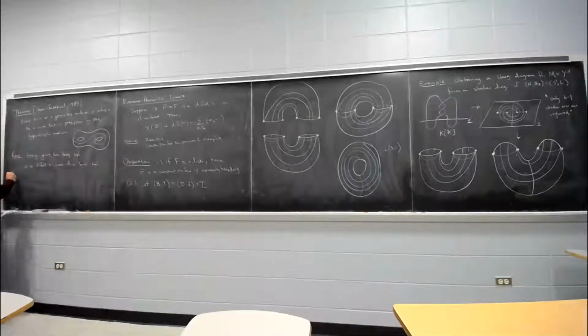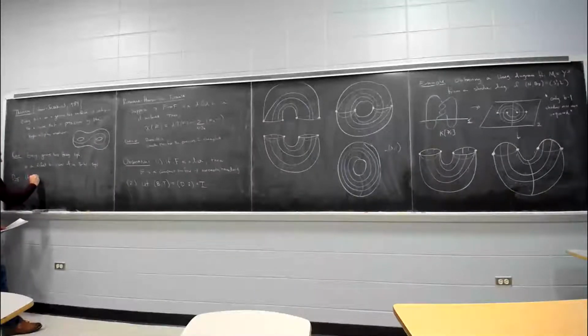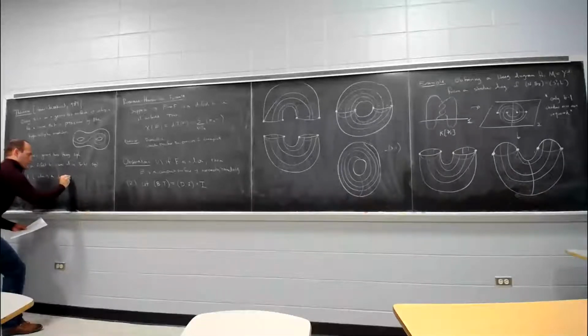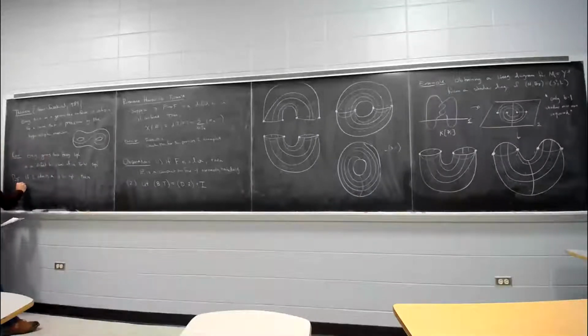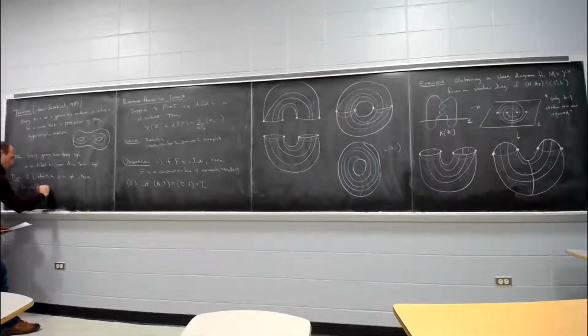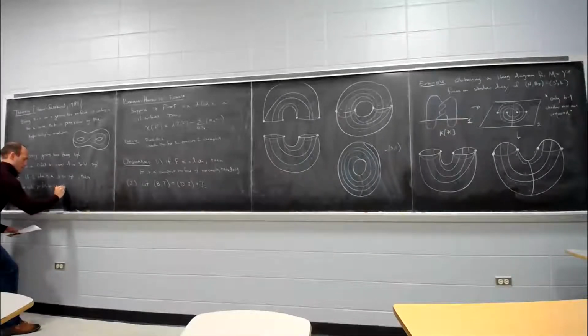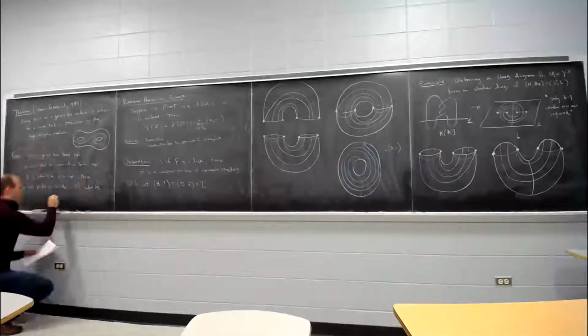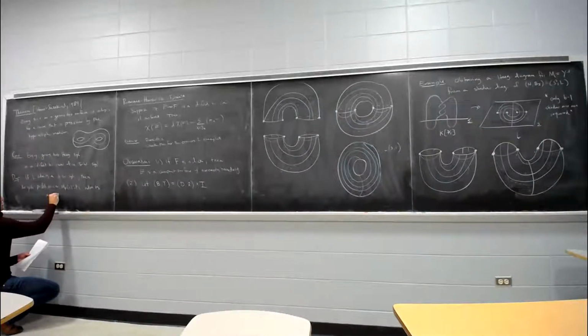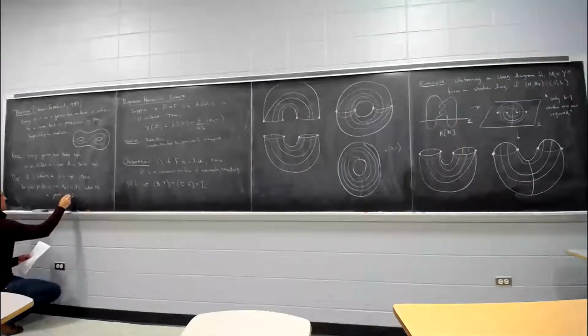And maybe what I should have stated before that is that if L admits a b-bridge splitting, then the cyclic p-fold branched cover M sub p of L admits a genus p minus 1... Oh, why did I switch to p?